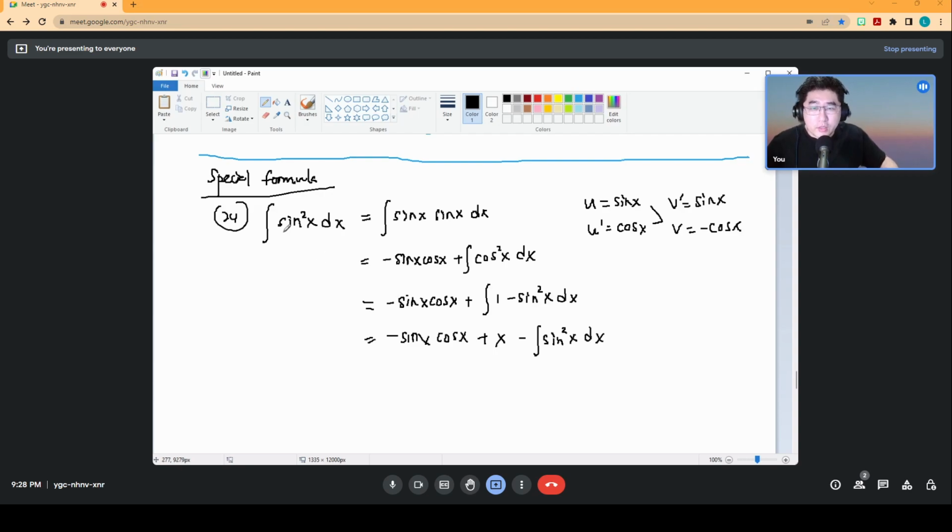Now you can see that they are the same item, so they can join together: sine square x dx equals x minus sine x cos x. You can see this x, I just shift it in front, so bring the 2 over to the other side. I have 1 over 2 of x minus sine x cos x plus c.